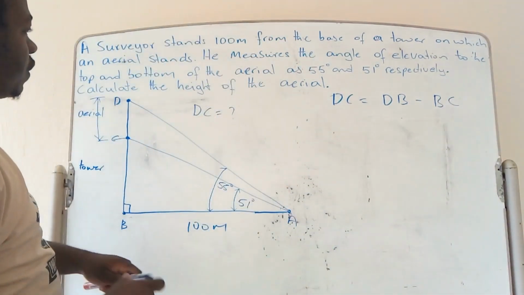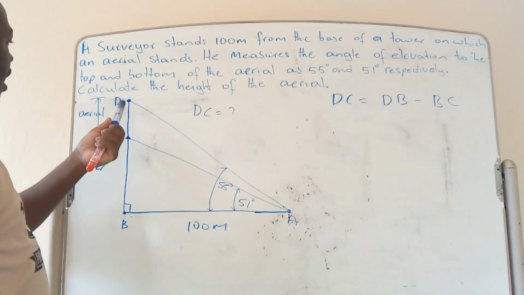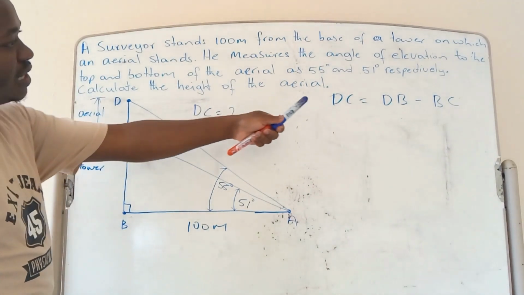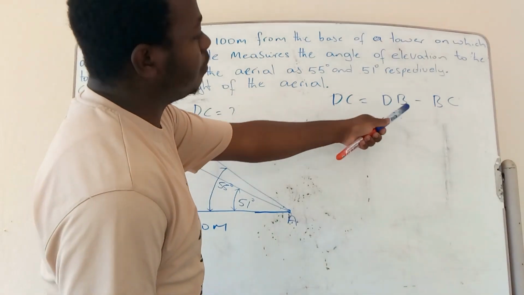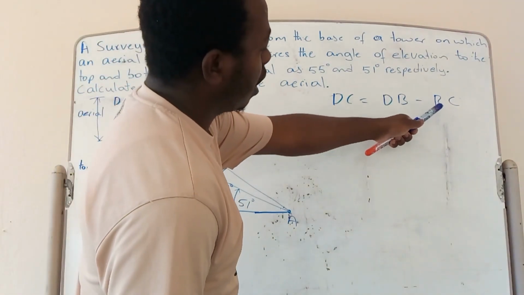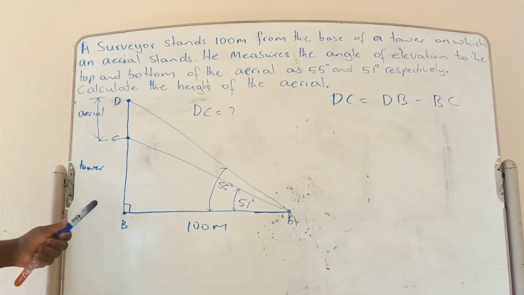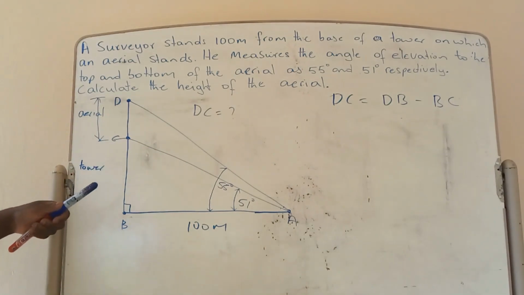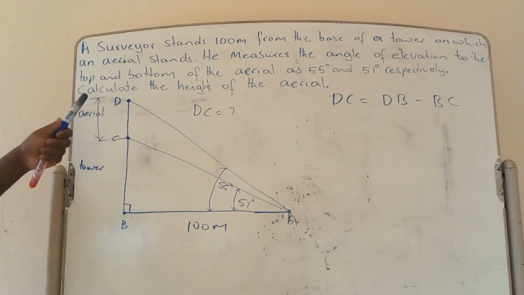So therefore, if the height of the aerial is DC and DC is equal to DB minus BC, it means that we need to find the height of BC and also the height of BD. So let's just go ahead and find out.